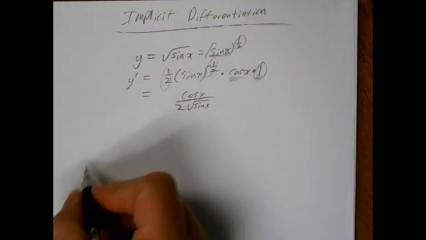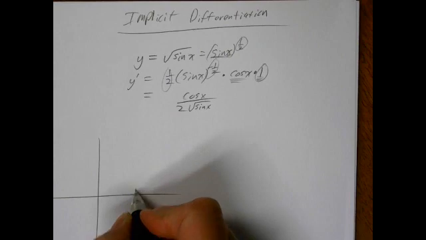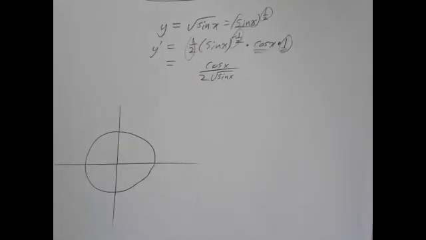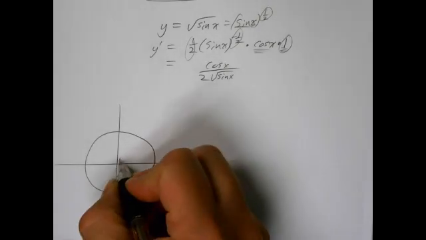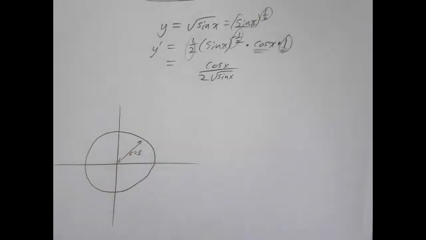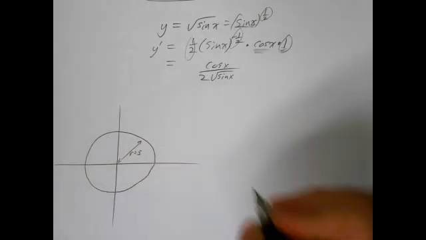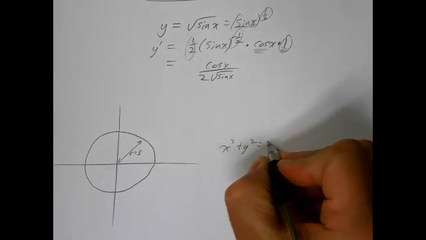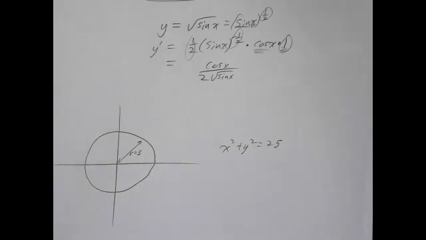Let's say we were looking at a circle. For the sake of simplicity, let's say we have a circle centered at the origin with a radius of 5. Well, the equation of that circle would be x squared plus y squared equals 25.